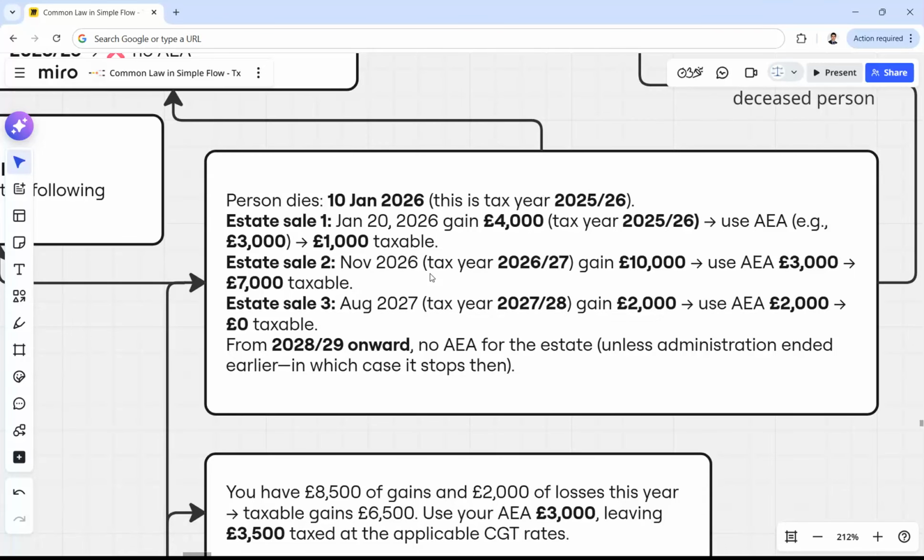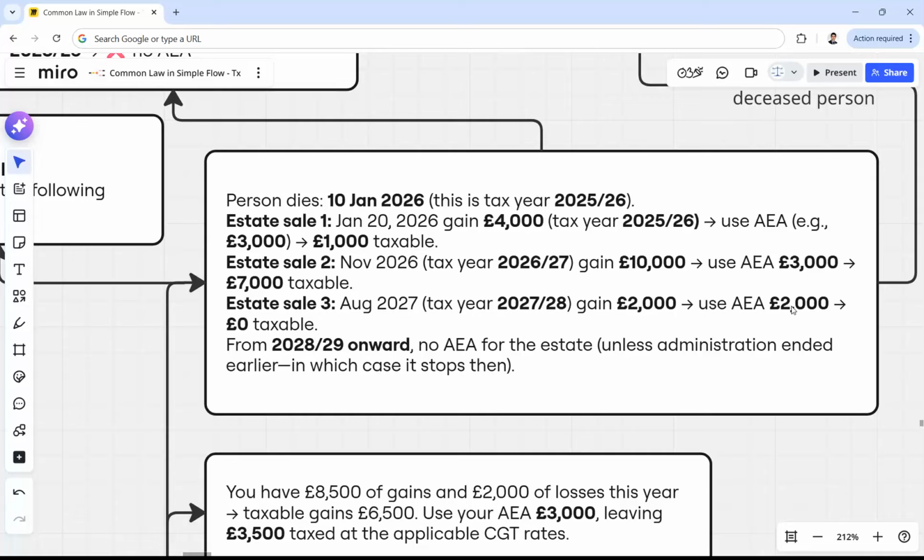Estate sale 2 will be November 2026. It will already be 2026-27. We get £10,000 minus £3,000 AEA and we have £7,000 taxable. Estate sale 3 is in 2027, which will be tax year 2027-28, and our gain will be £2,000.